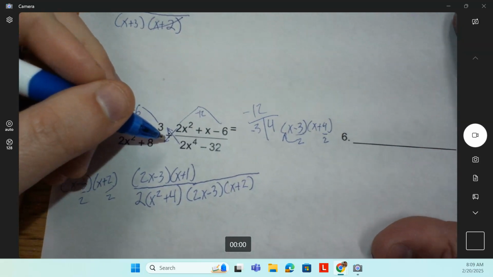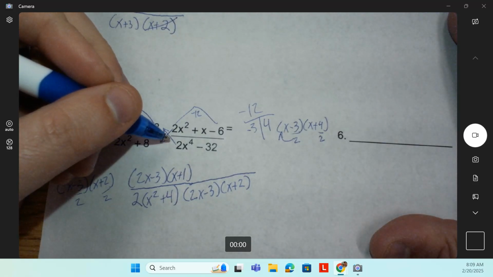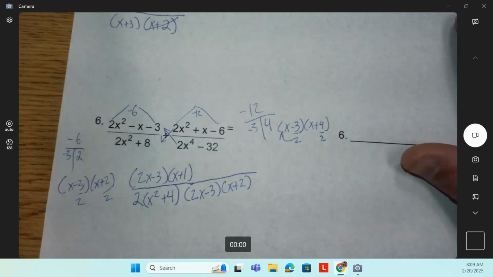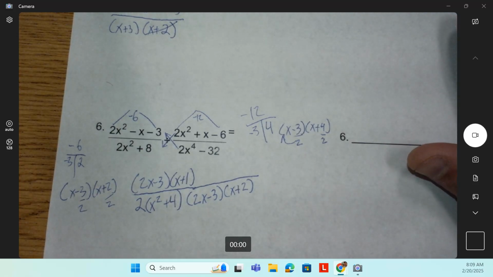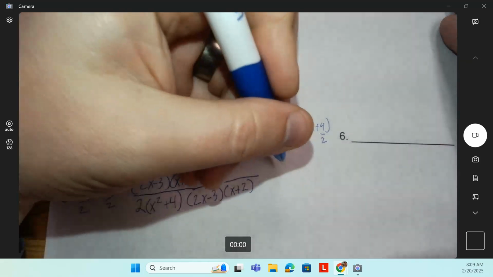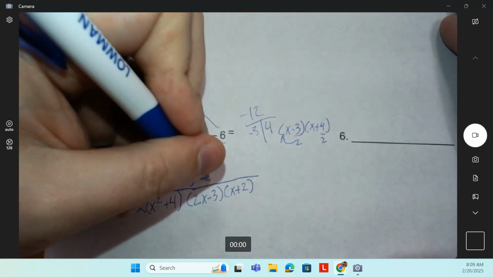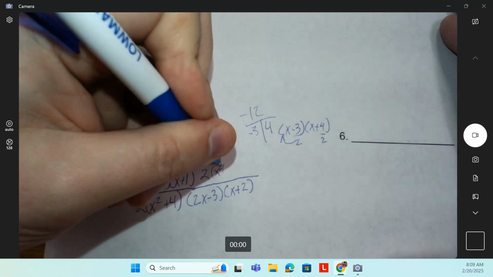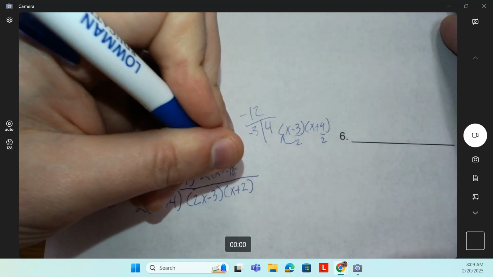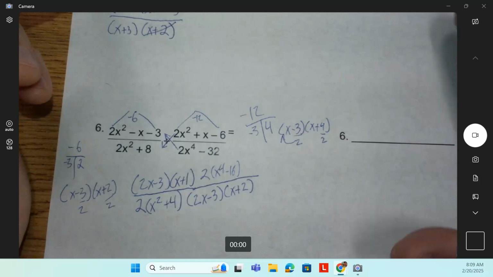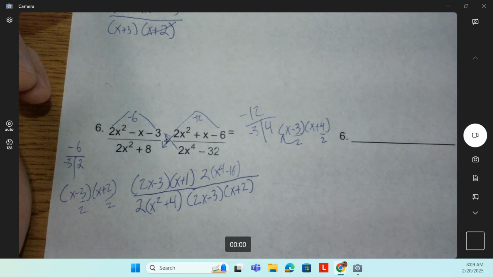And now my last one, I've got 2x to the 4th minus 32. So I already know that'll divide by 2 to give me 2x to the 4th minus 16, which will give me a difference of squares.